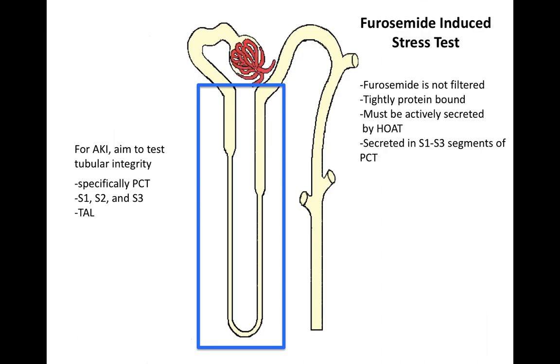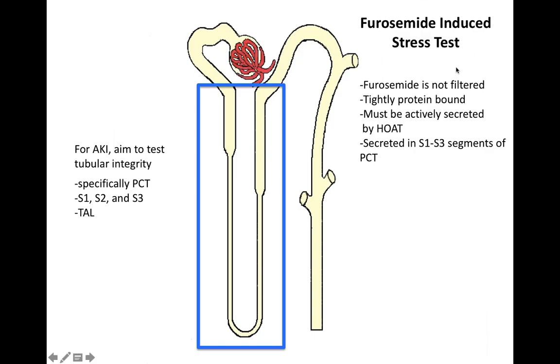The first of which is that furosemide is not filtered at the level of the glomerulus. In fact, furosemide is quite tightly bound to albumin. And patients who don't have albumin, patients who are analbuminemic, and those folks actually exist, are quite resistant to the effects of furosemide.